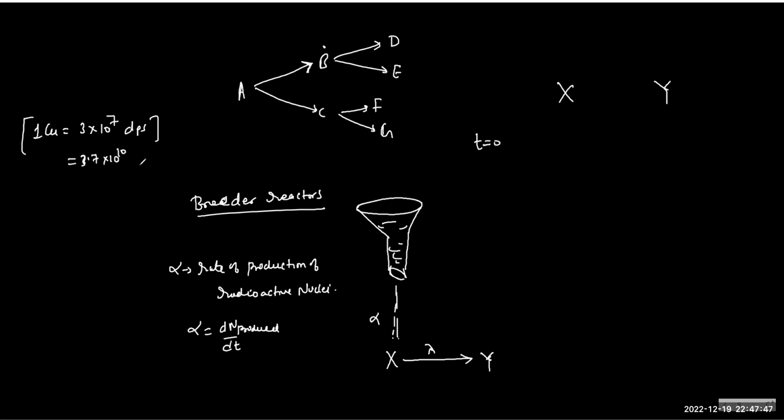Anyone please confirm? How much is 1 curie? Yes, correct. 3.7 into 10 power 10, right? Okay. Yes, I remember 3.7 something. Anyway, so 1 curie is this much DPS.